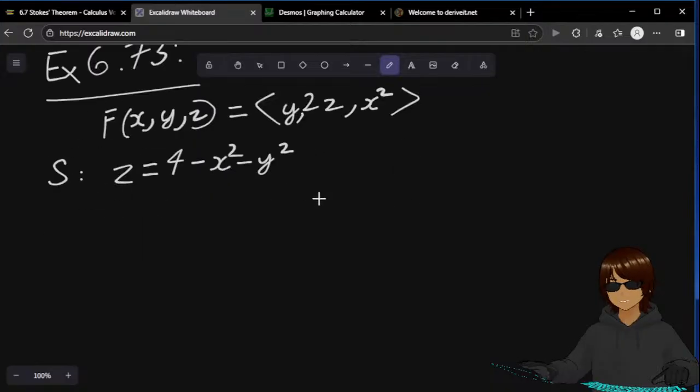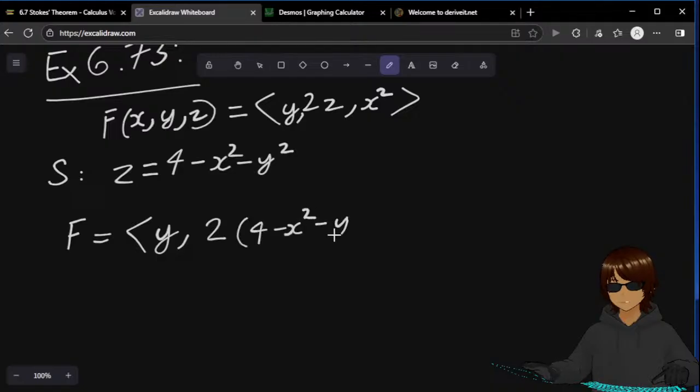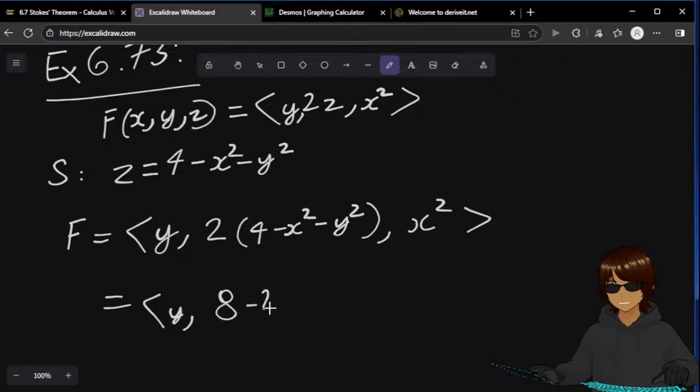So the curl of F. On the surface, F is 4 minus x squared minus y squared, x squared. 4 times 2 is 8.